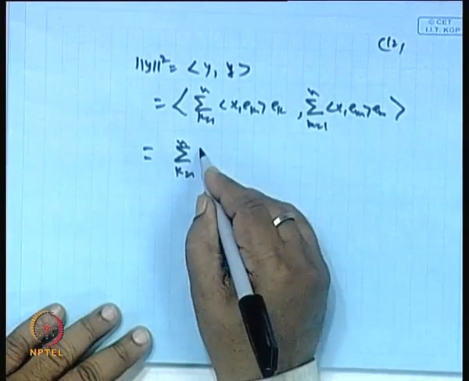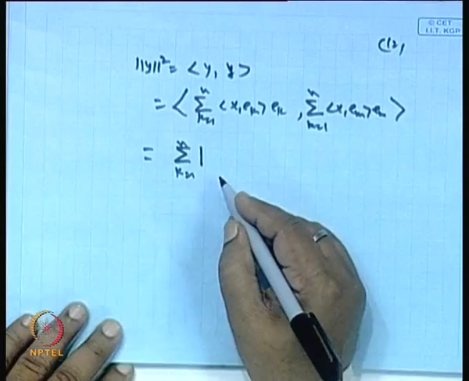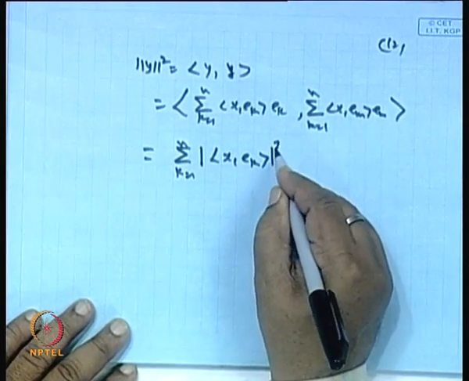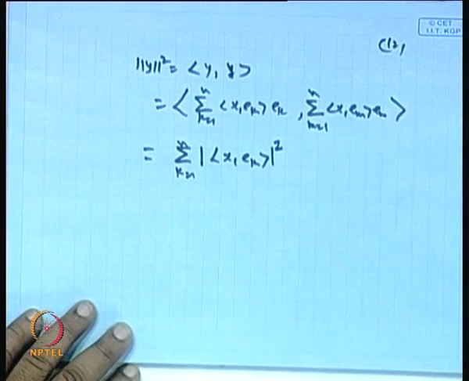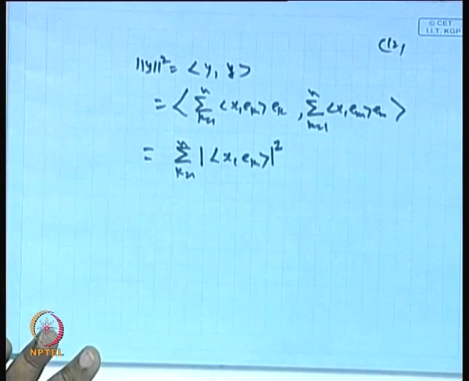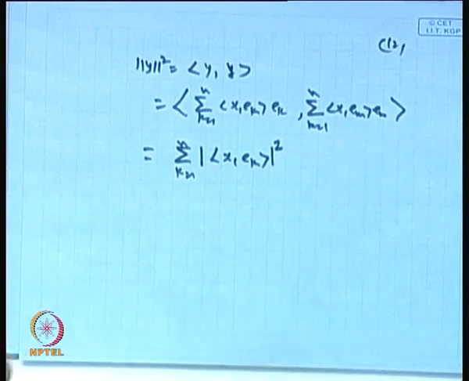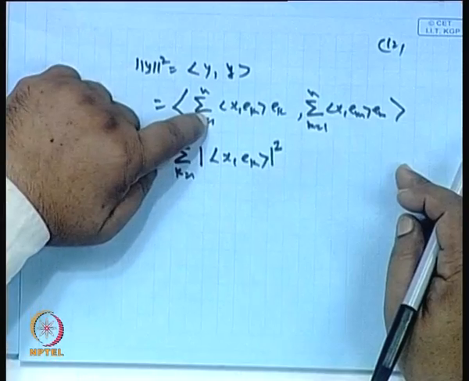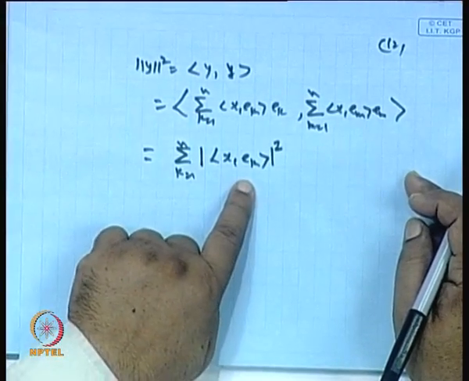So, we are getting mod of this x e k whole square. Is it okay or not? Because as soon as I open, this thing will come here. So, you are getting conjugate of it, so you are getting mod of this square.